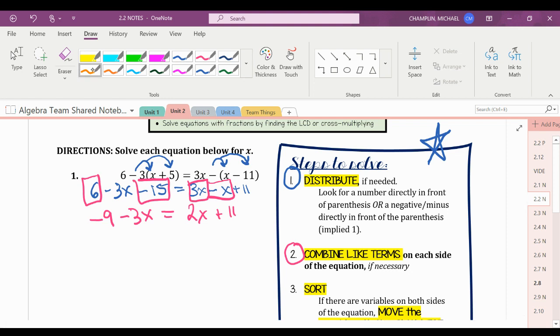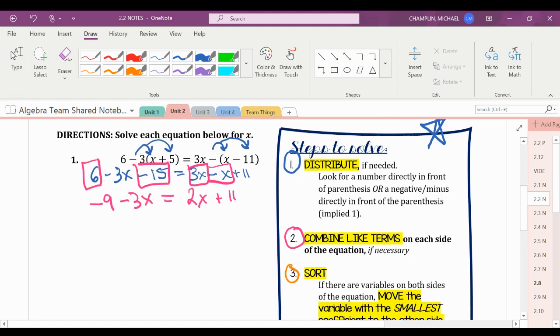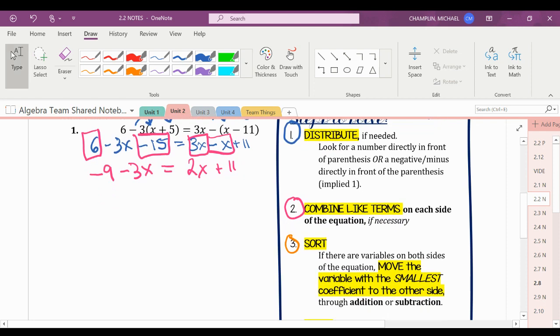All right, we just did number 2. Let's do step number 3, and that is to sort these bad boys out. And to do so, the first thing you want to notice is you want to move the variable with the smallest coefficient. That's the number in front of the variable. Well, I see there's a negative 3x and a positive 2x. So on the left side, I have a negative 3x. On the right side, I have a 2x.